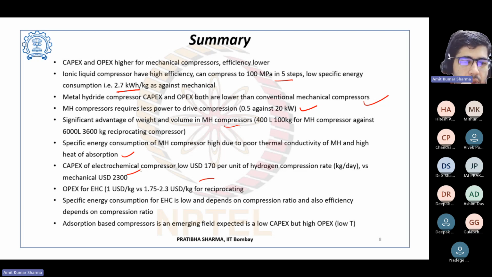The specific energy consumption for electrochemical compression is also low, and depends on the compression ratio, as does efficiency. Adsorption based compressors are an emerging field, so we can expect low CAPEX but high OPEX. It's still under development.